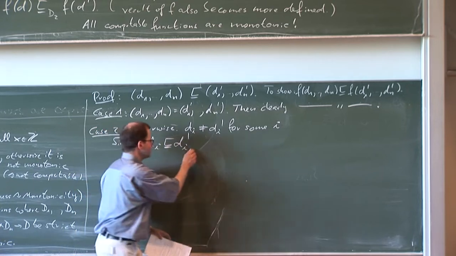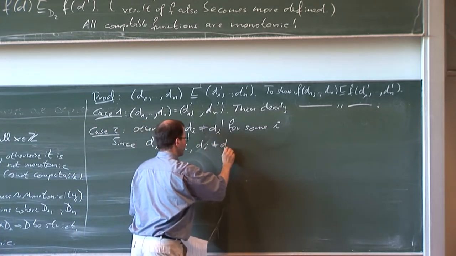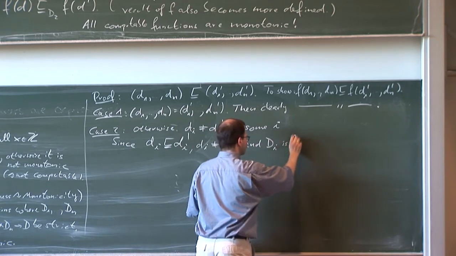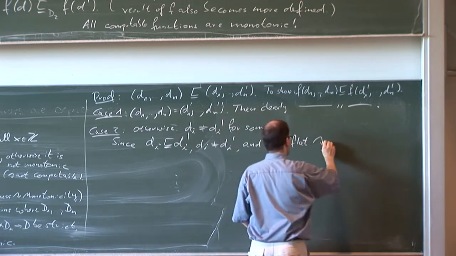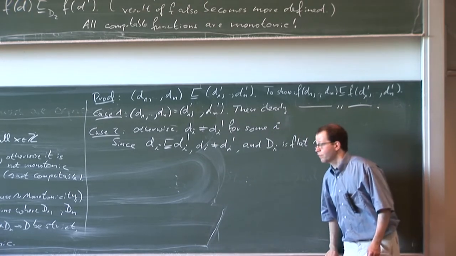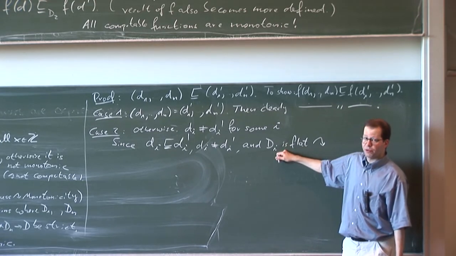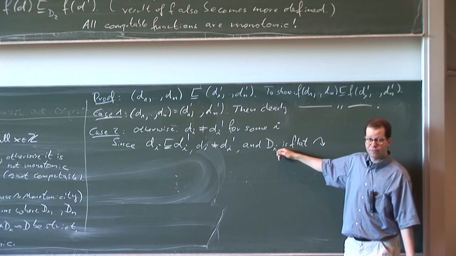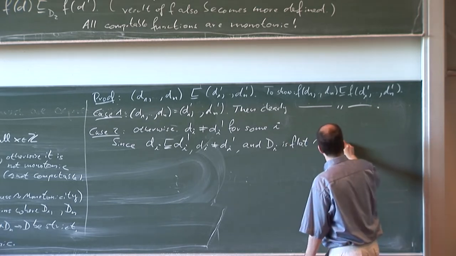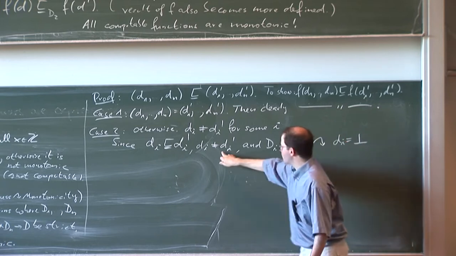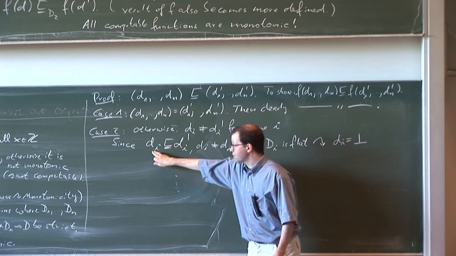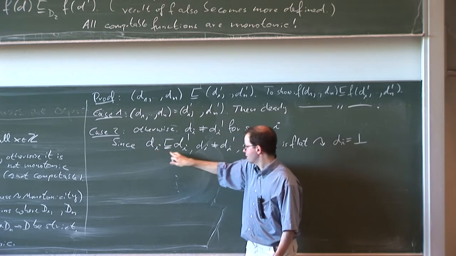Since we have this, and since we know that di is flat, what can we conclude from this? So flat means something is either defined or it's bottom. Then di is bottom. That's the only solution. Di is bottom and di prime is not bottom. Otherwise, we cannot have that one thing is strictly less defined than di prime.